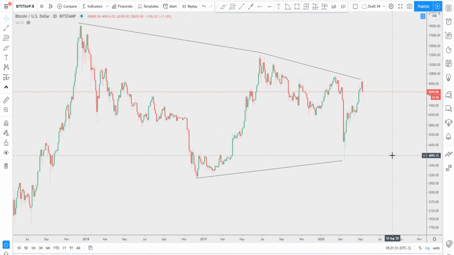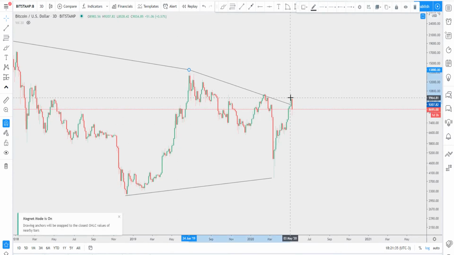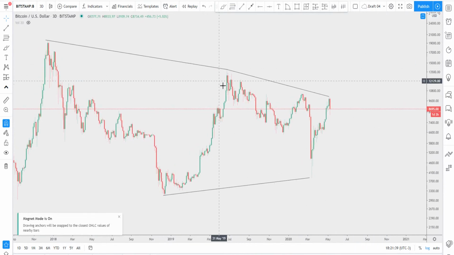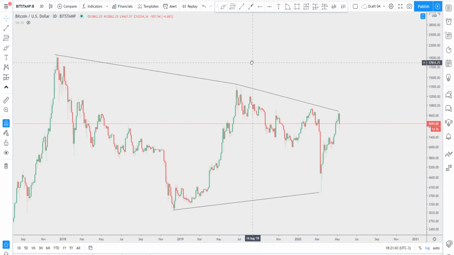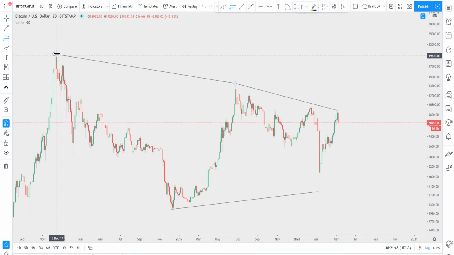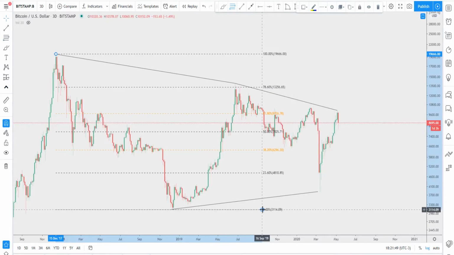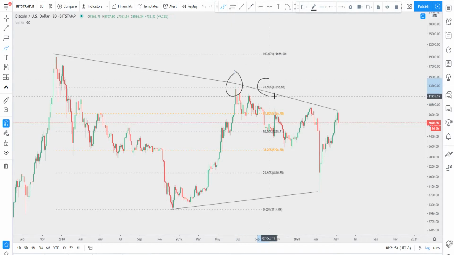So we saw where we ended up in the previous rejection here. So no news for this scenario.